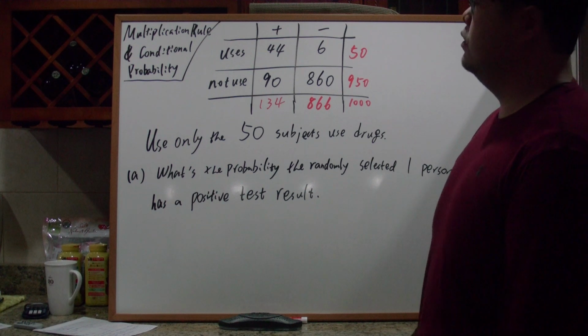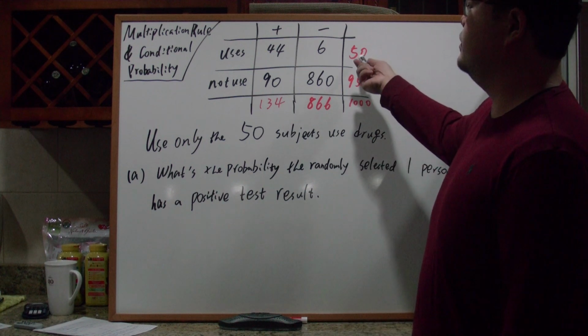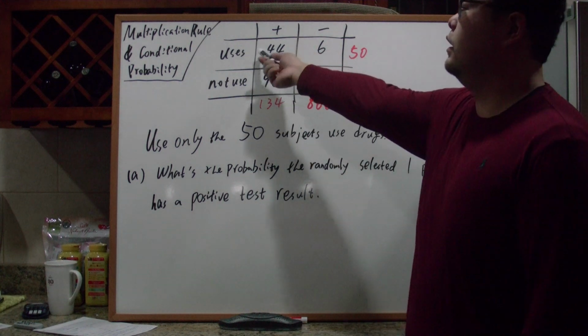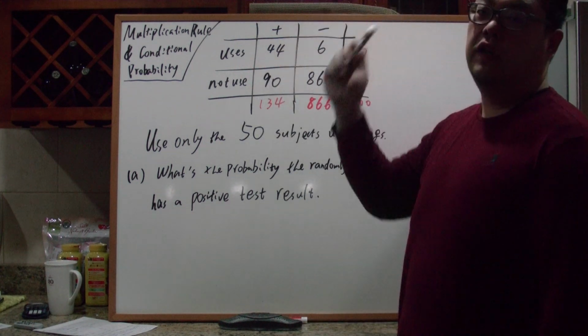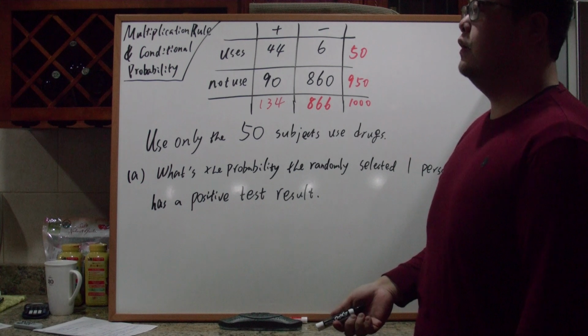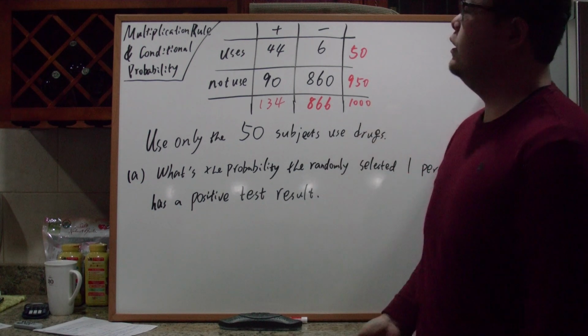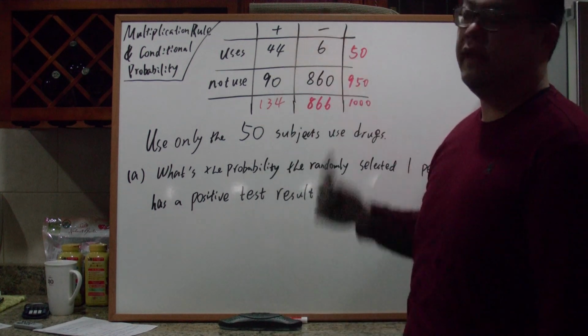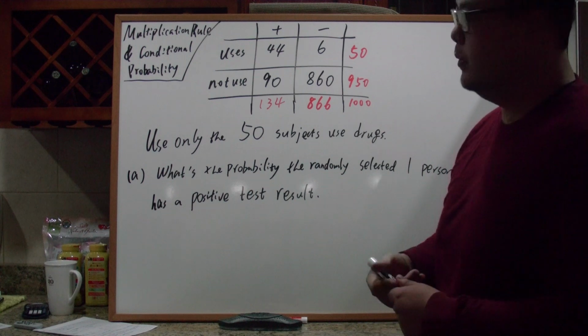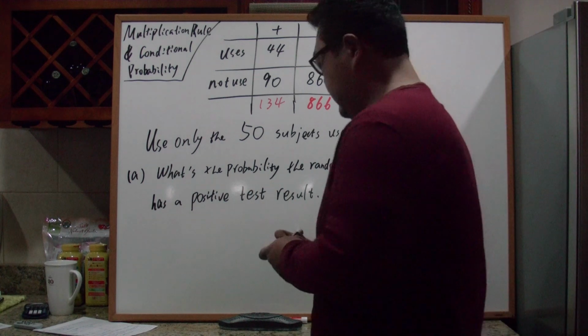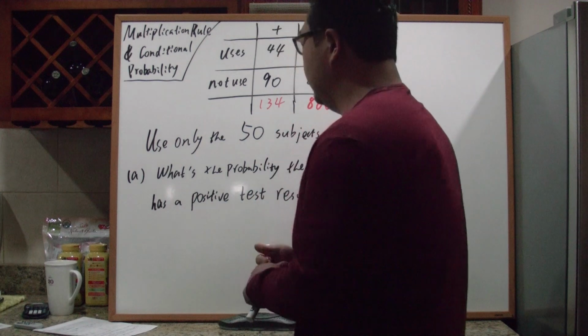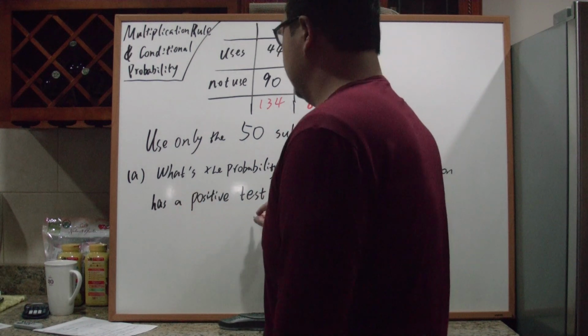Right, so from 50 subjects who use drugs, 44 have positive test result. So when we select one out of it, we have 44 possible selections. Therefore, the probability here will be 44 over 50.